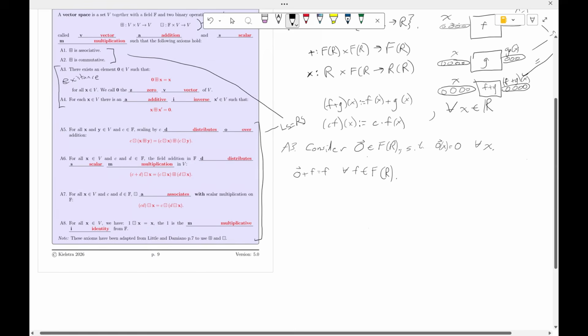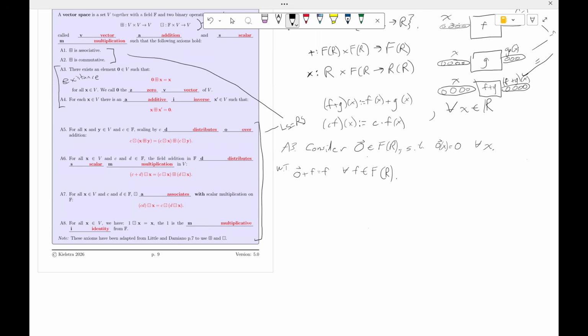Well, how do I show that two functions are equal? I've got a function on the left side and a function on the right side. I want to show that they're equal. Well, this means to show that two functions are equal, I want to show that (0 bar plus f) of x equals f of x for all x in R, because that's how we show two functions are equal. Okay, so this is what I want to show.